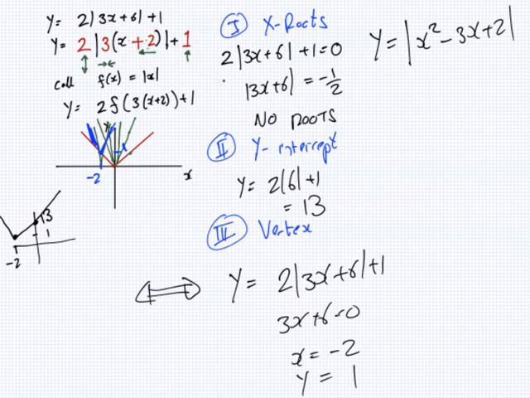If they ask you to graph it showing clearly the roots, the intercept and the vertex, they obviously want you to do this method so you can get the exact points. But if they just ask for a rough sketch, then you can do it this way. It depends on how many marks are going for the question and what language they use. Often I find they want you to do it this way mostly.